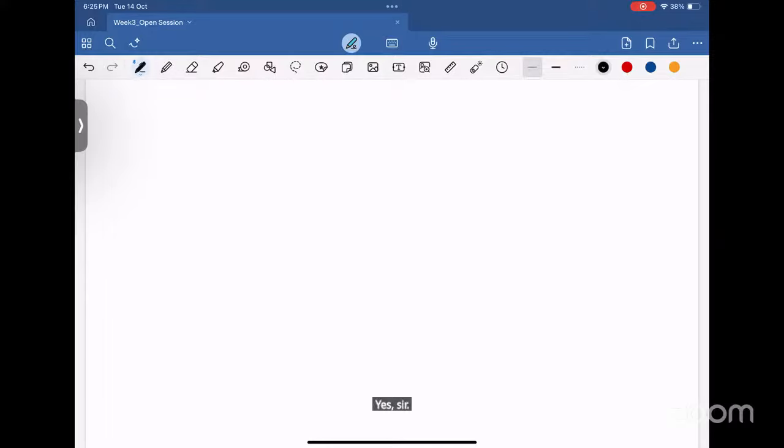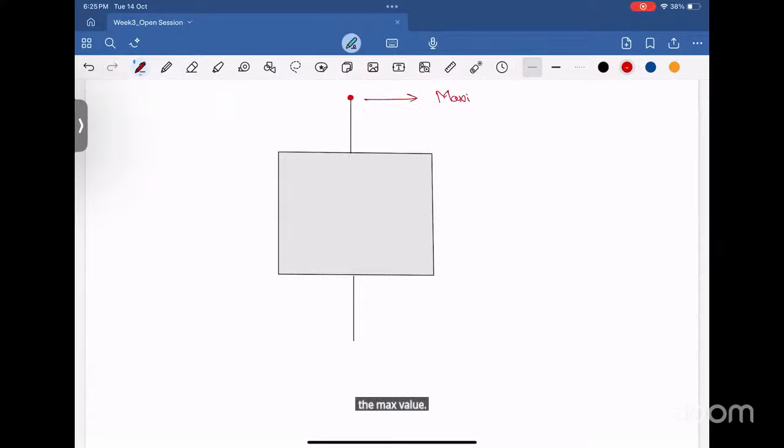So I will just plot it here for you. This is the maximum value. This will be Q3, and the center of this will be Q2.